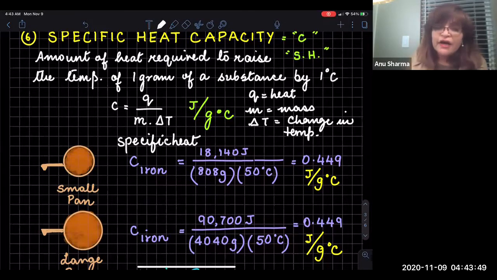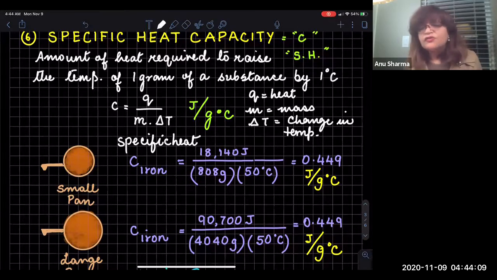Now look at the larger can, which is also made up of iron. The amount of heat it absorbed, because it's large, was 90,700 joules, and the mass is also more, and the change in temperature is 50. So here also the specific heat comes out to be 0.449 joules per gram degree Celsius.